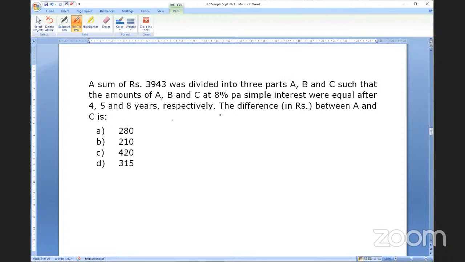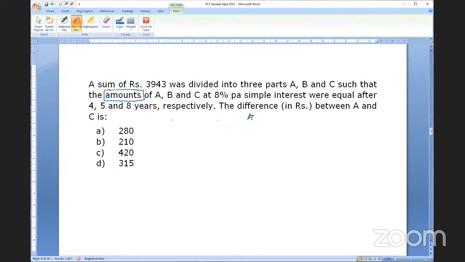Let's revise and learn few things which should be of utmost importance as far as ratios are concerned in this particular question. It says, a sum of rupees 3943 was divided into 3 parts A, B, C such that the amounts of A at the rate 8% per annum simple interest were equal after 4, 5, and 8 years respectively.